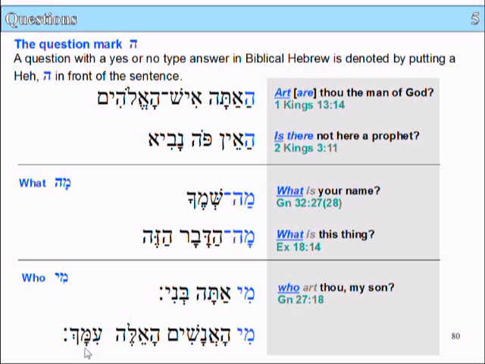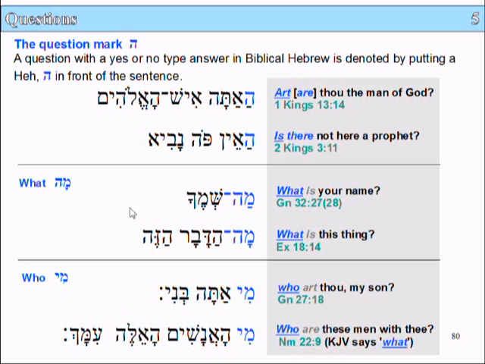Im means with, and cha means you. Not to be confused with another word that's spelt the same but with different vowels. Am means people, but im means with. So, who are these men with thee? And the King James says what? It's literally who. Who are the men these with you?